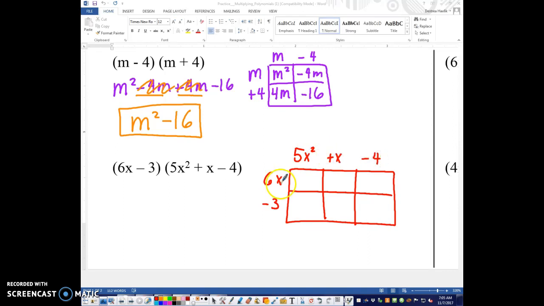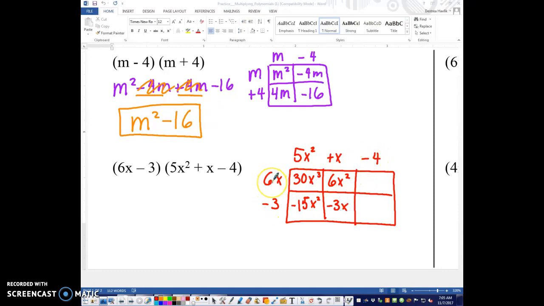So 6x times 5x squared will give you 30x to the third. 5x squared times negative 3 is negative 15x squared. 6x times x is 6x squared. X times negative 3, negative 3x.